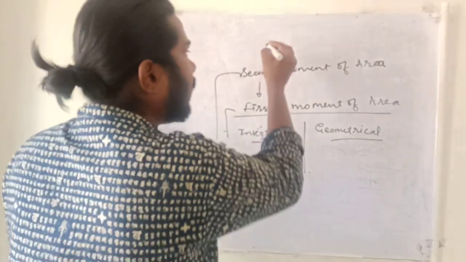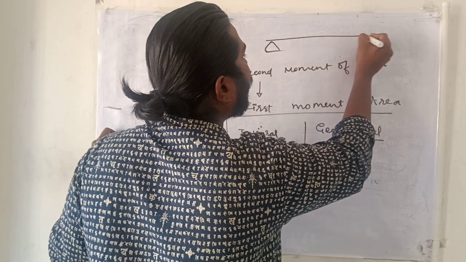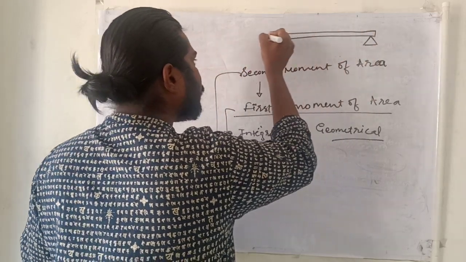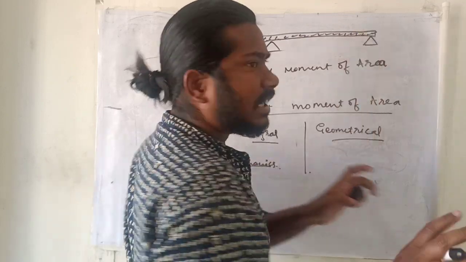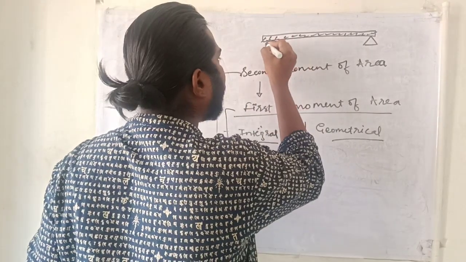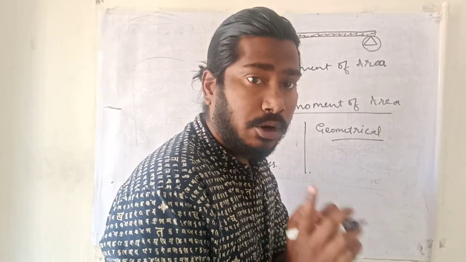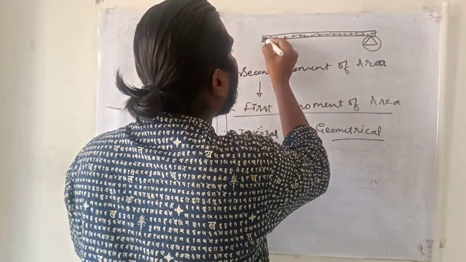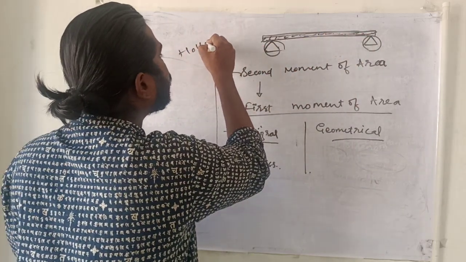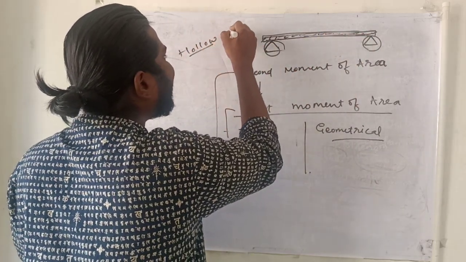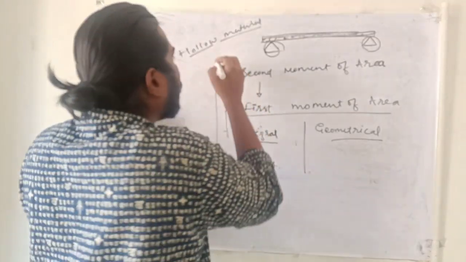Just consider a simply supported beam, with two supports, and I have a beam in here. Just like in our chassis frame structure, this is the front part, this is the rear part, and I am talking about the static condition. Now here, I am using a hollow material, a hollow rectangular material.